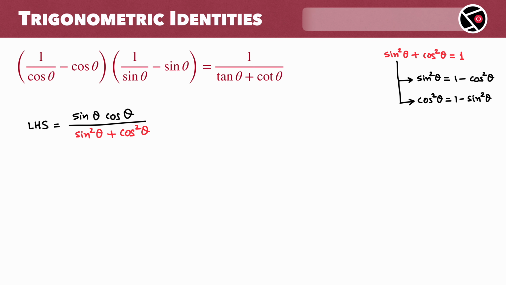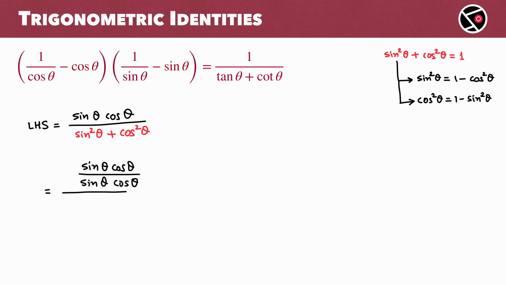To get 1, we divide both the numerator and the denominator with sin θ cos θ, and our left hand side becomes (sin θ cos θ over sin θ cos θ) divided by (sin square θ plus cos square θ over sin θ cos θ). We cancel the common terms in the numerator and we are left with 1.